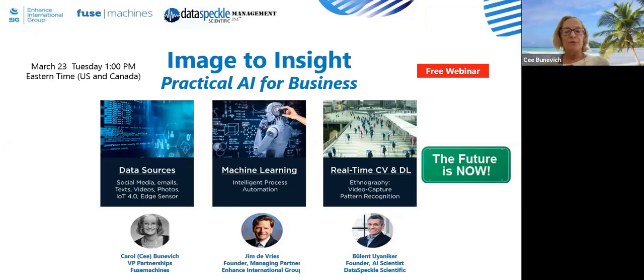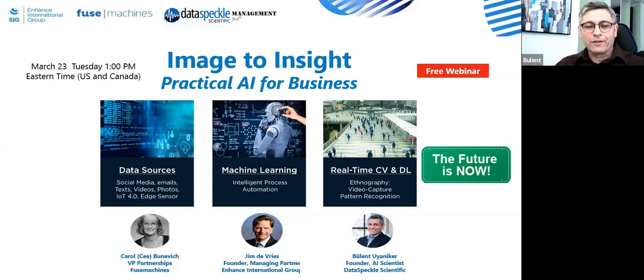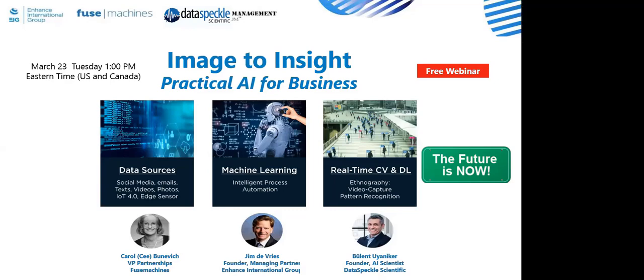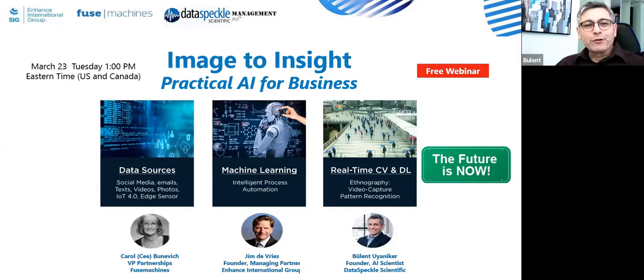Thank you very much. This is Bulent Unaker. I'm a physicist, and I'm with Data Speckle. Actually, I'm the founder of Data Speckle, and Data Speckle is an answer to artificial intelligence. Some time ago, we decided with a couple of PhD researchers that there should be an answer for artificial intelligence, and our answer is real human intelligence.